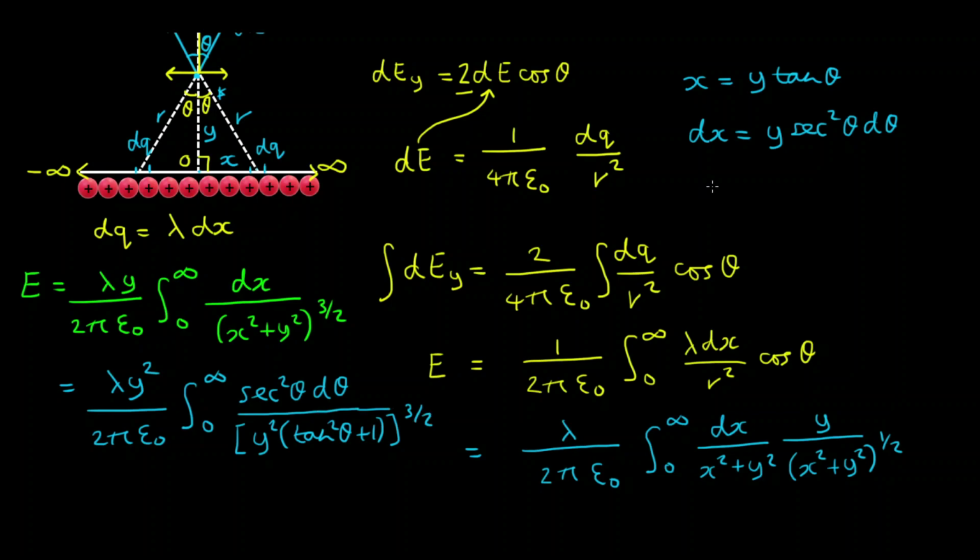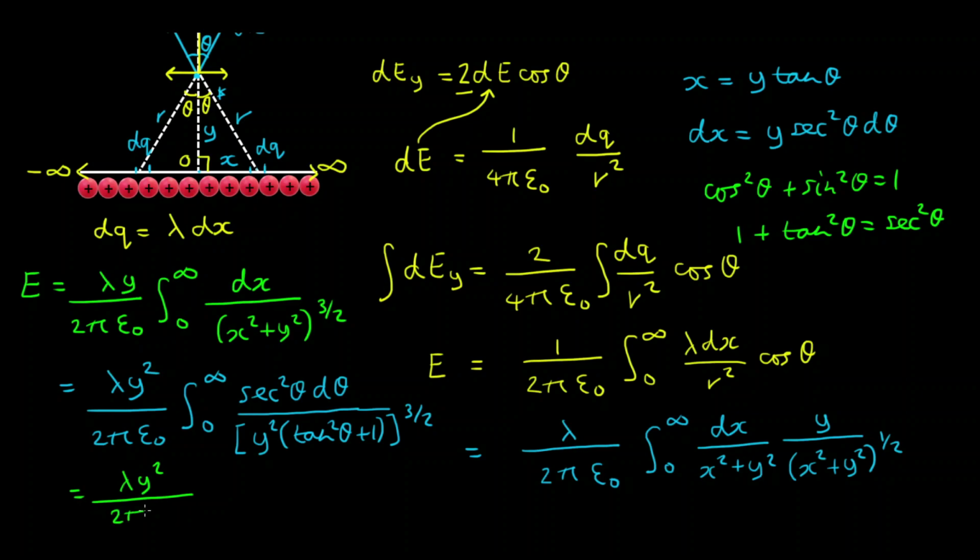And therefore by our trig identity, recall cosine squared theta plus sine squared theta is equal to 1. And if we divide this through by cosine squared theta, we get 1 plus tan squared theta is equal to sec squared theta.